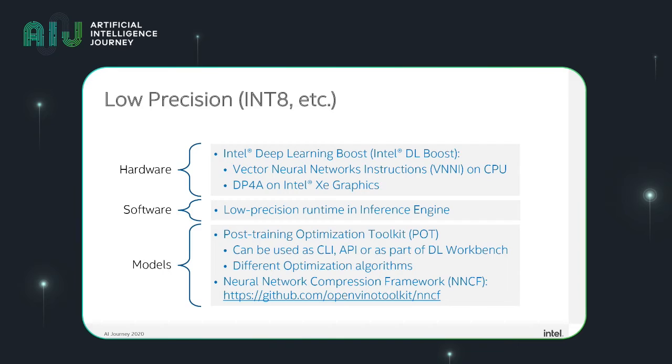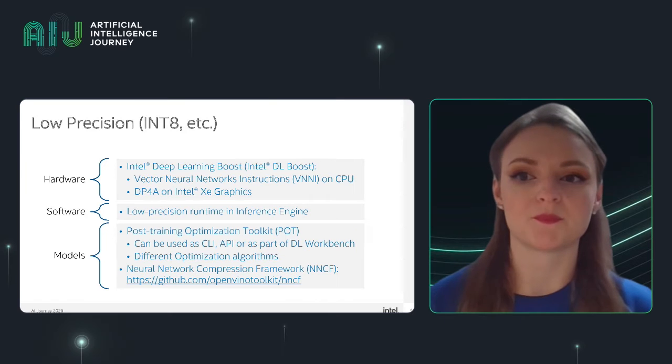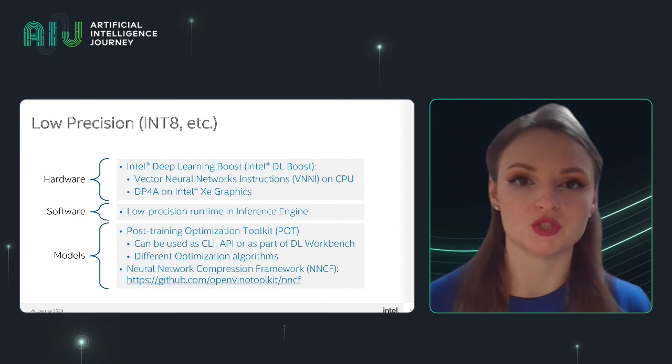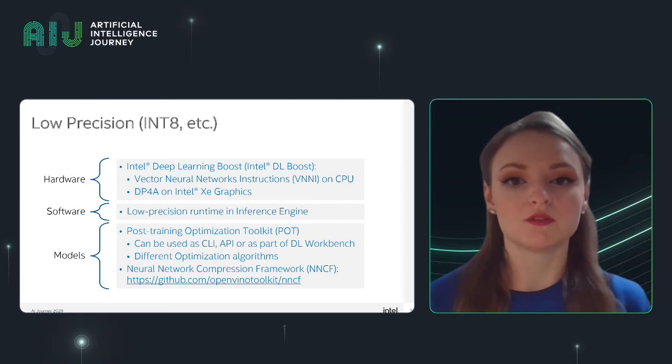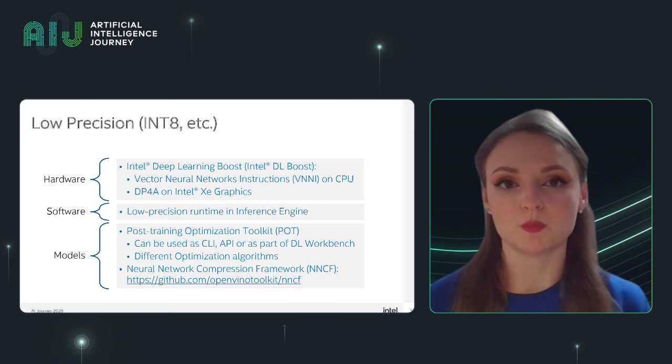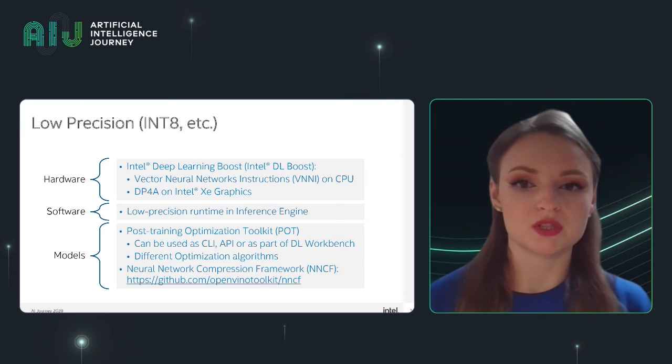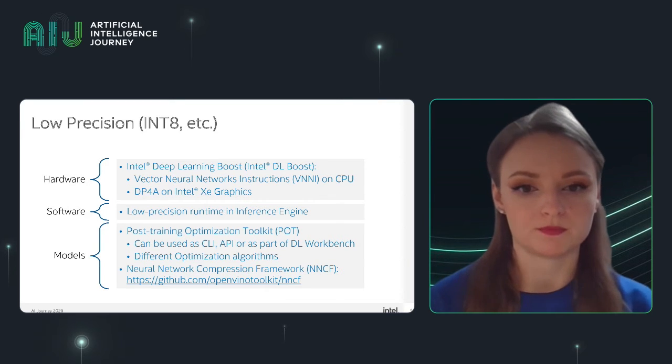The peculiarity is that you don't have to retrain your model to teach it in the format with lower precision, but in some cases you will still need retraining, if you are not okay with the final precision or accuracy of the model. It can happen. And in this case, we recommend using the Neural Network Compression Framework, which is NNCF, which is not a part of OpenVINO, but you can find it on GitHub.